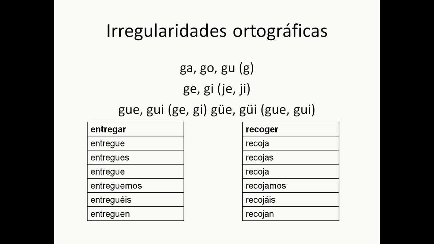If we want to pronounce gue and gui, we have to write two dots on the U, as in the word pingüino. This explains that the verb entregar and all those ending in -gar are written with G-U-E in the present subjunctive. If the U were missing, it would be pronounced entreje instead of entregue.